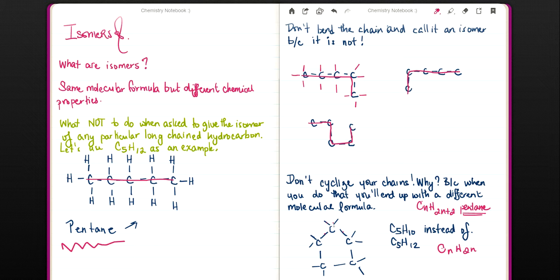And so you lose 2 hydrogens, and you can see that here, if you put your hydrogens in, you're going to have 1, 2, 3, 4, 5, 6, 7, 8, 9, 10. So don't cyclize your long chain hydrocarbon because you're going to end up with an incorrect molecular formula.